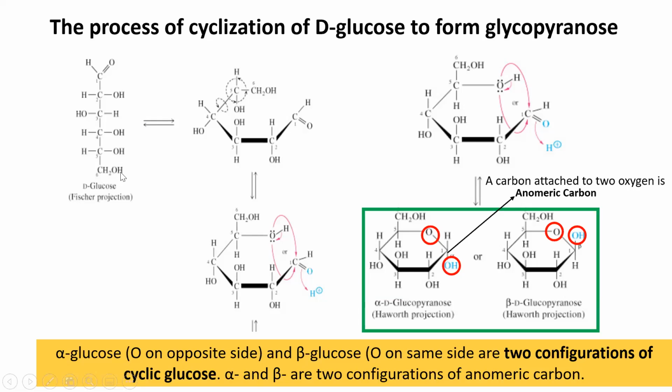This is the process of cyclization, which means it's forming a cyclic molecule. Though you don't have to memorize any of this, it is just for your understanding that when that is happening, this is the exact same structure that you are seeing here.